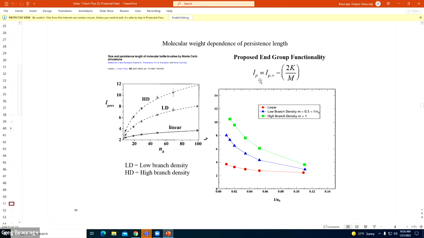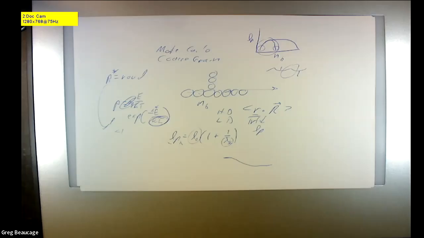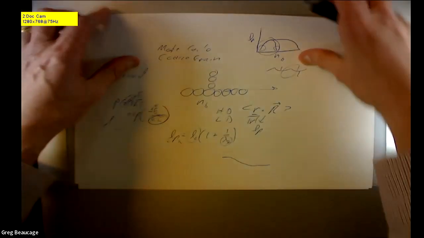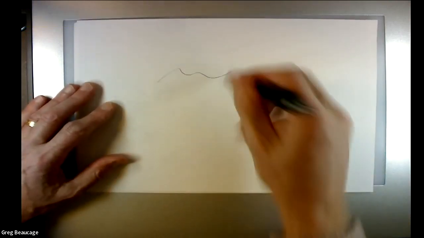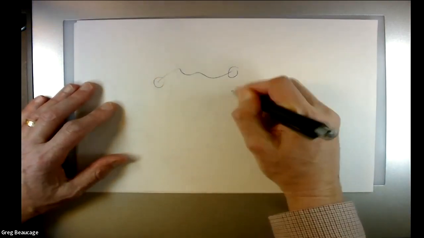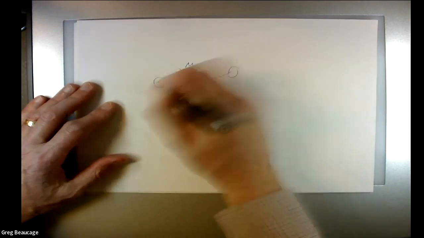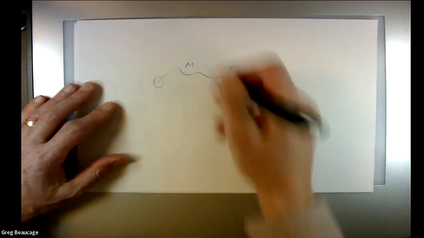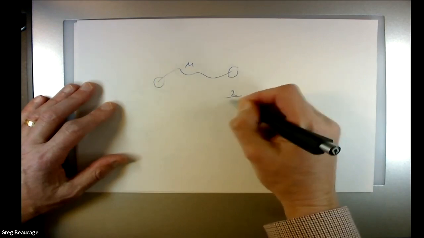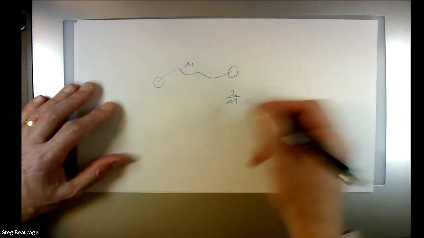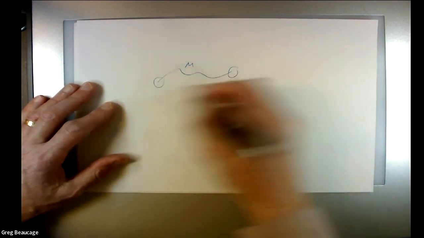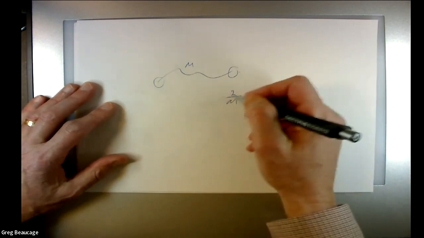Okay, so one way you could look at this is, if I have a chain and it's got two ends, and it's got molecular weight M, then the probability of finding an end is 2 over M. So I could say the ends have a lower persistence.